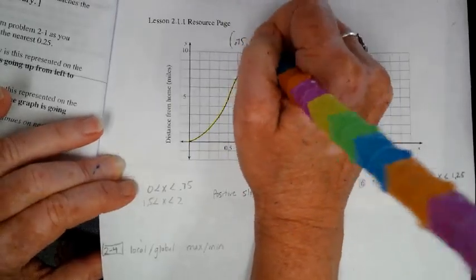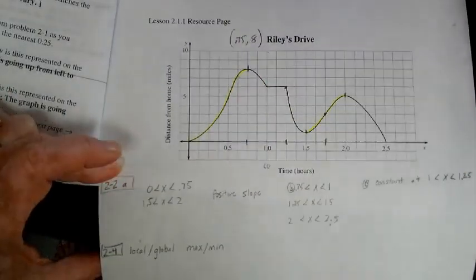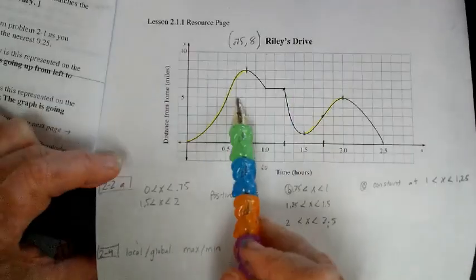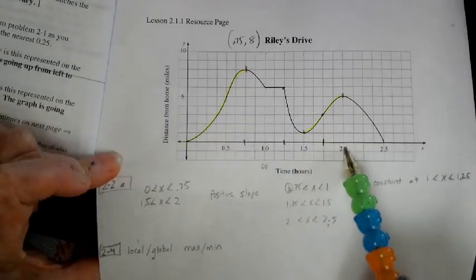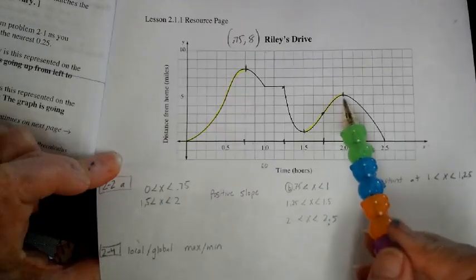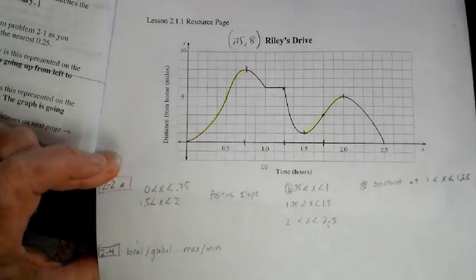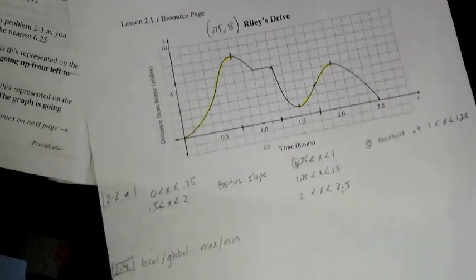So you can just use an ordered pair to denote the point, the max. And then this one would be 2 comma 5. That's how you would answer that if that was one of your homework problems.